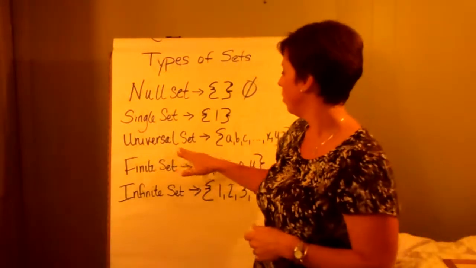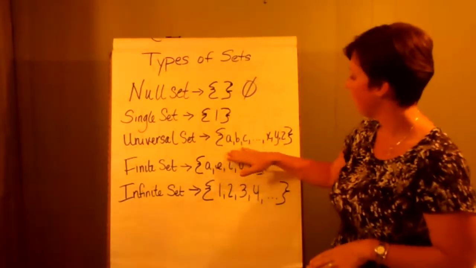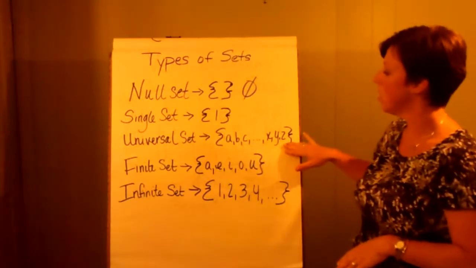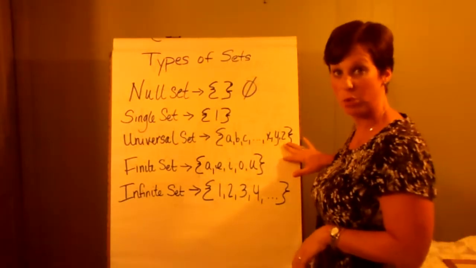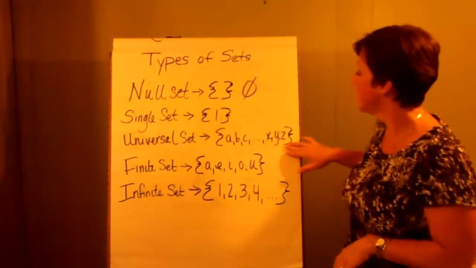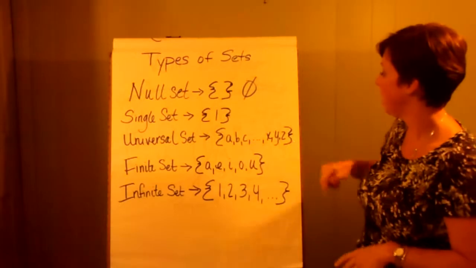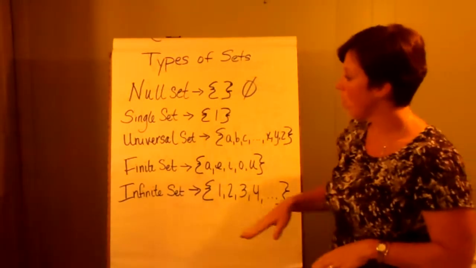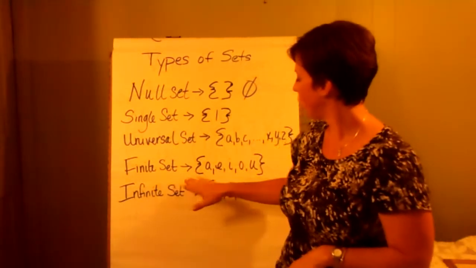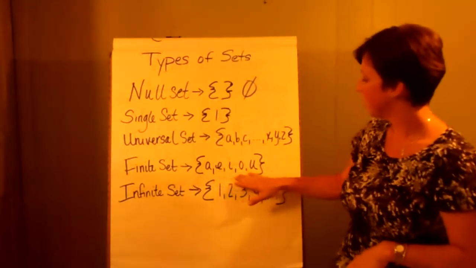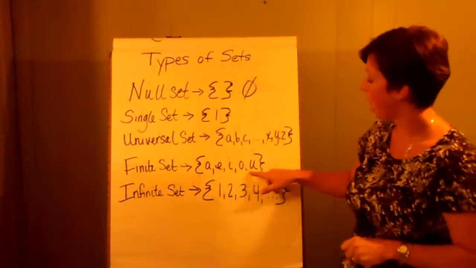We also have the universal set, which would be everything contained in that object. So, for example, in this situation, I have actually used the letters of the alphabet, which would be the entire universal set.